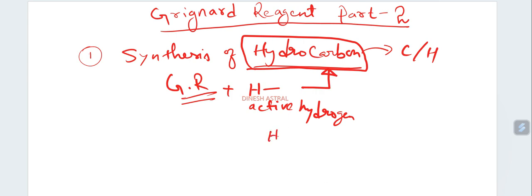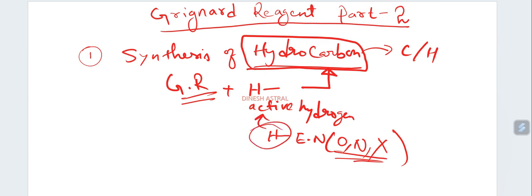If hydrogen is bonded to electronegative elements like oxygen, nitrogen or halogen, then such hydrogen will be considered as active hydrogen. Got it? Now let's start with the reaction.